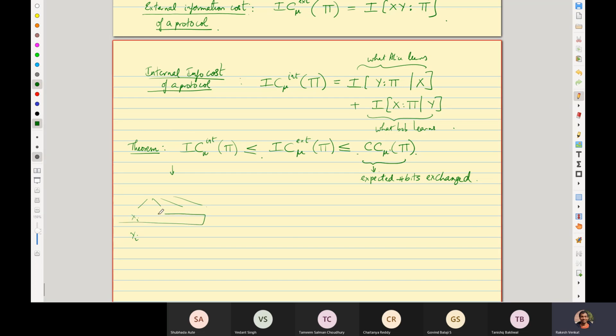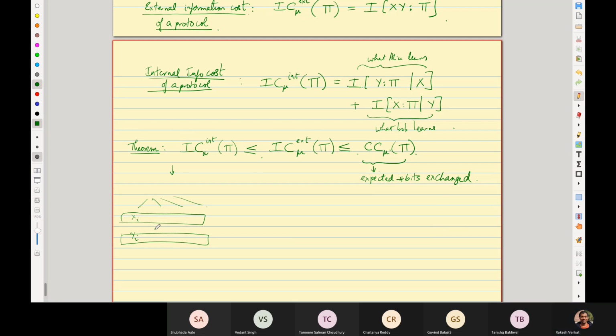So you have two sets, xi and yi. And what you're looking at is that there should not be any coordinate in which both are ones. So that is like an OR of ANDs, the negation.